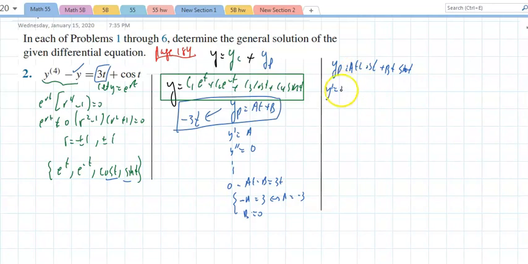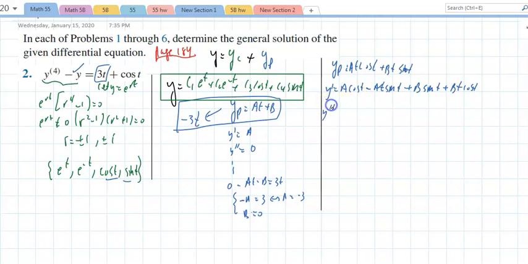y prime is A cosine of t minus at sine of t plus B sine of t plus bt cosine of t. Got it.